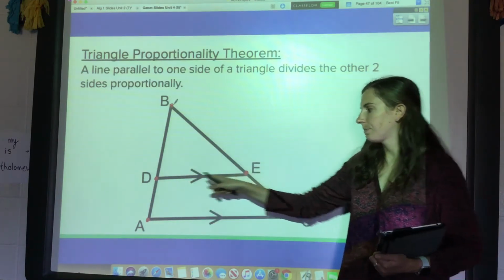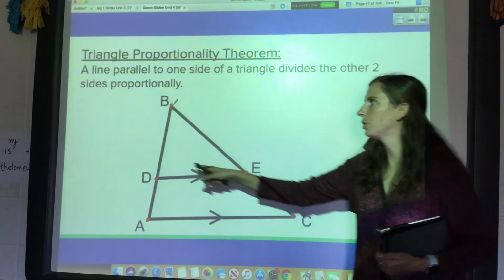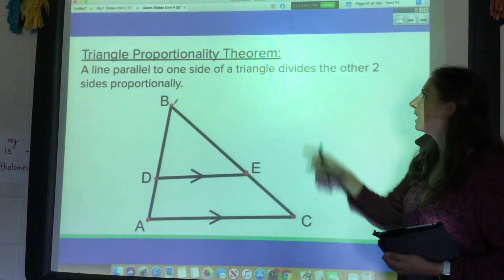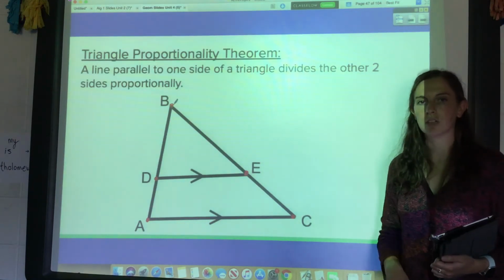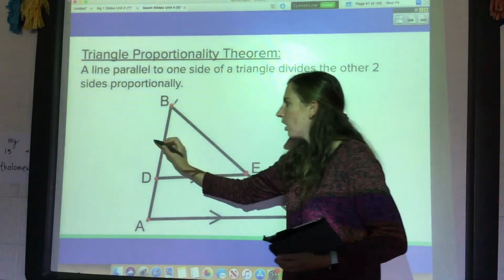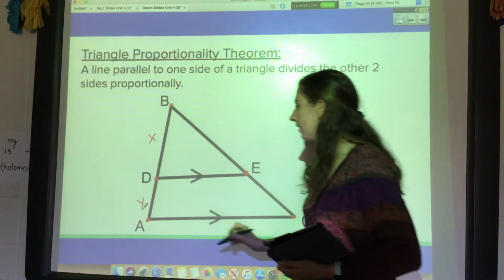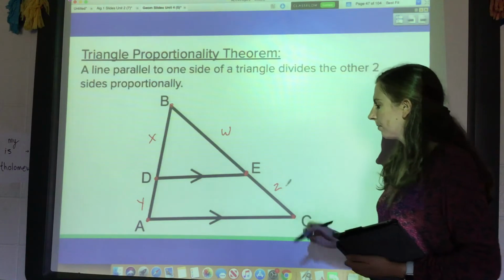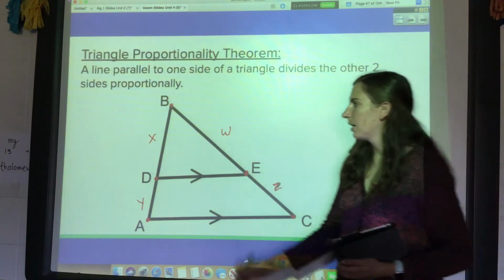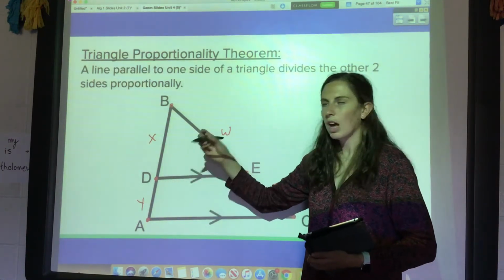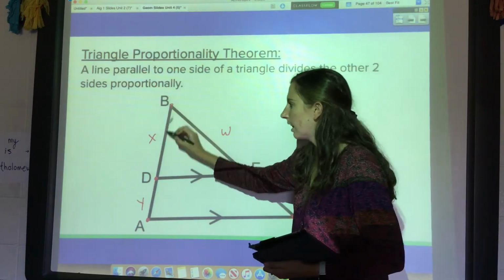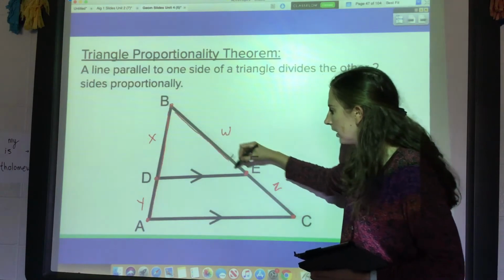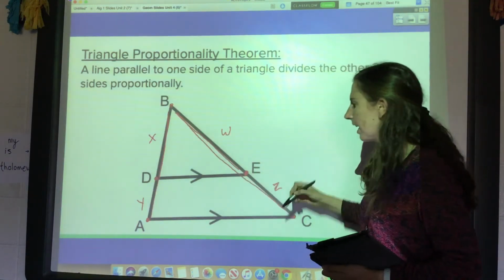So anyway, these parallel lines form two similar triangles, and not only that, but it divides the other two sides proportionally, meaning let's call this X and Y, and let's call this W and Z. Since they're similar triangles, I already know that the little side to the big side is equal to this little side to this big side.